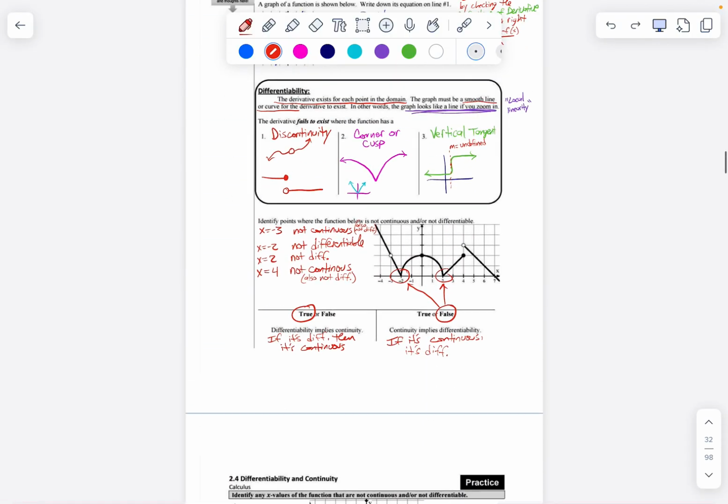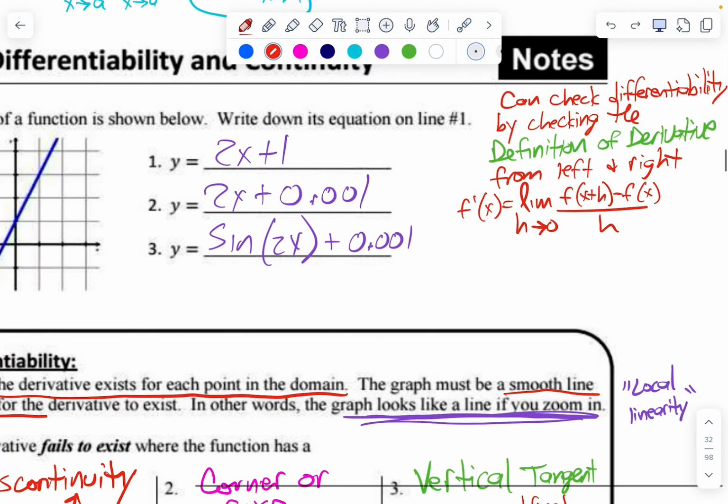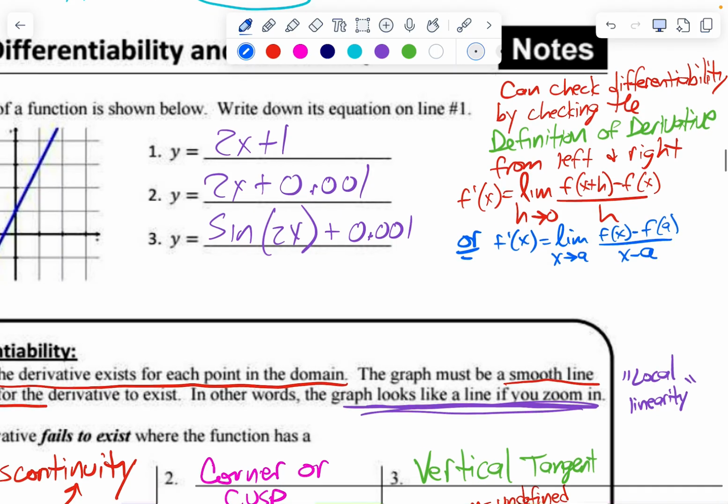Before I forget, since I told you we were going to do this, right up here. Let's go ahead and write this. You can use either one.